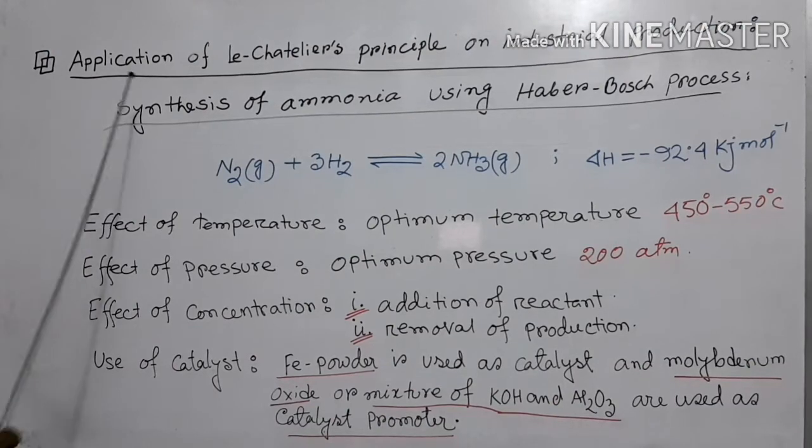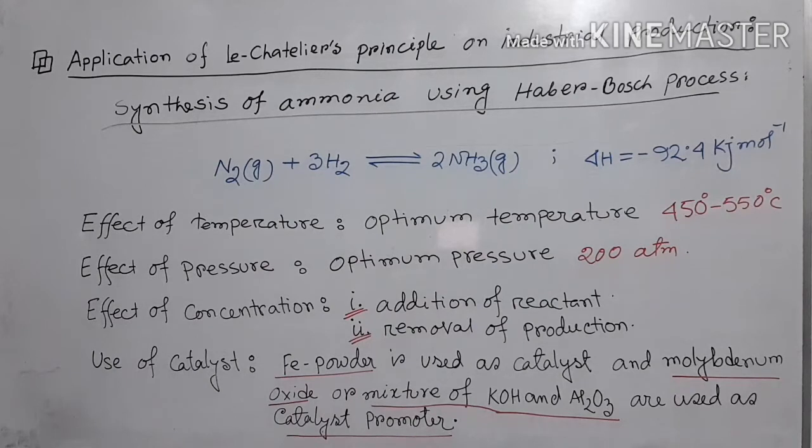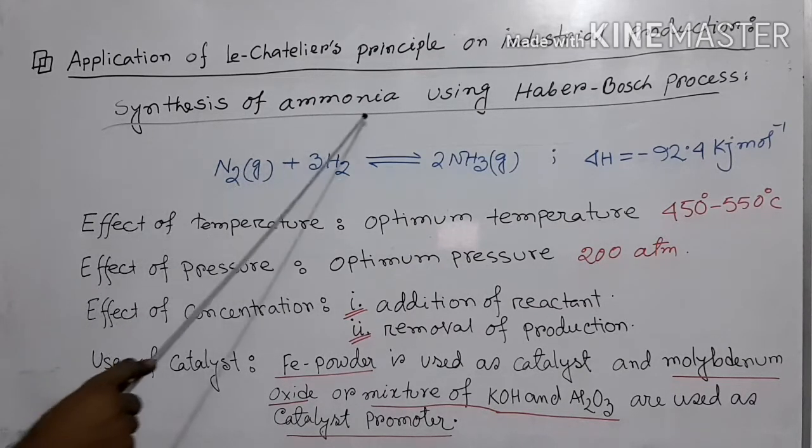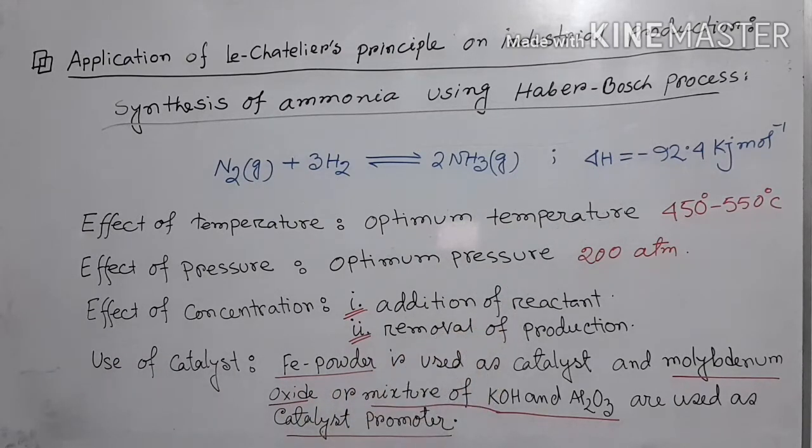Now, application of Le-Chatelier's principle on industrial production. There are important applications of Le-Chatelier's principle in industrial production, but here we discuss about the synthesis of ammonia using Haber-Bosch process.